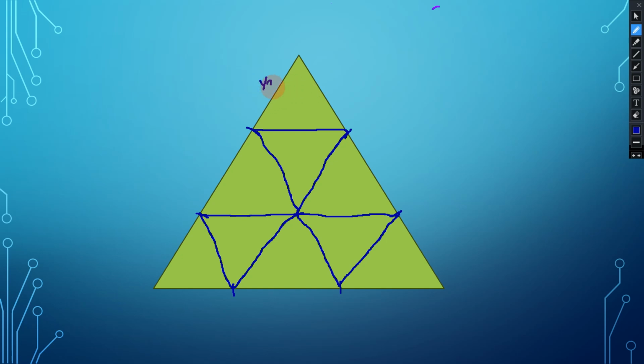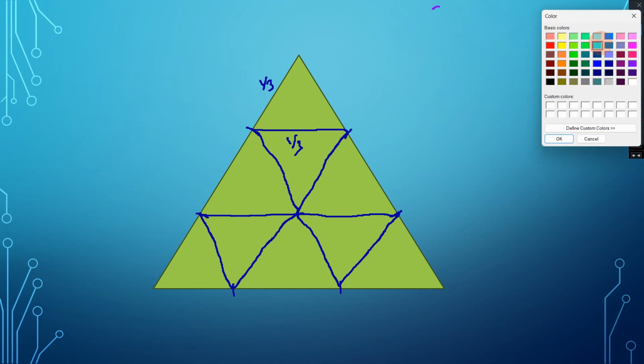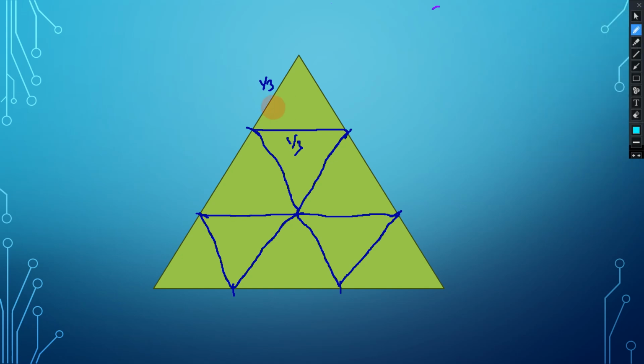And this length is 1 by 3, this length is also 1 by 3, it is ensured, right? And inside these holes we have to distribute the pigeons. Let's change the color to sky blue. So we have to distribute the 10 points inside these holes, right?